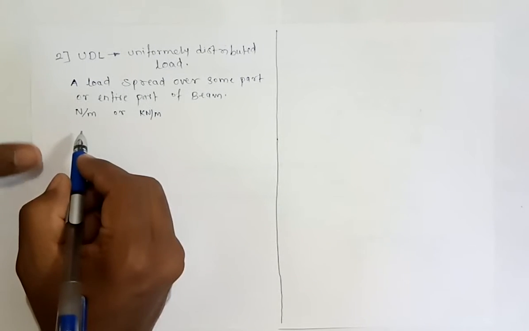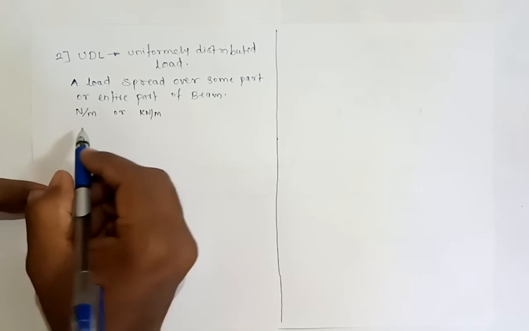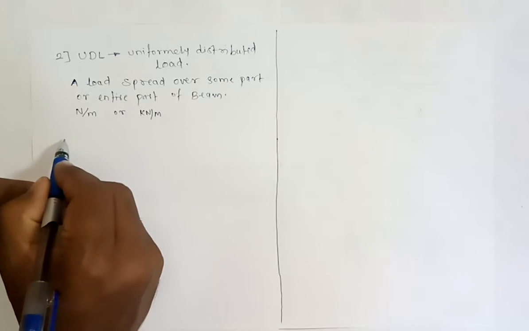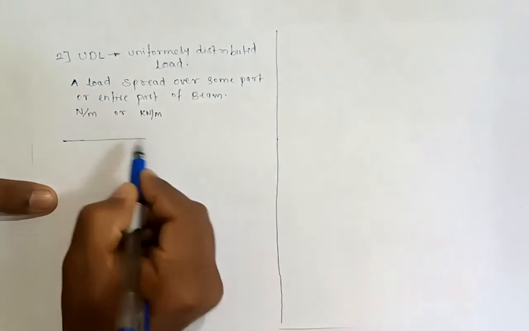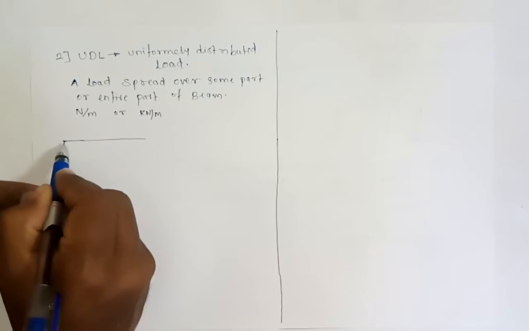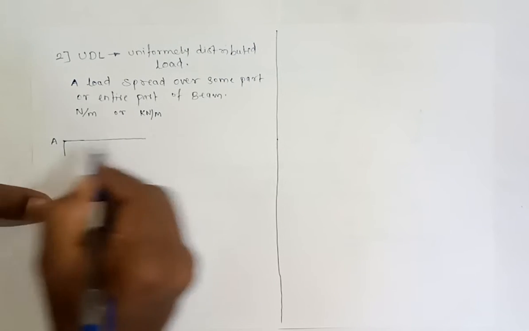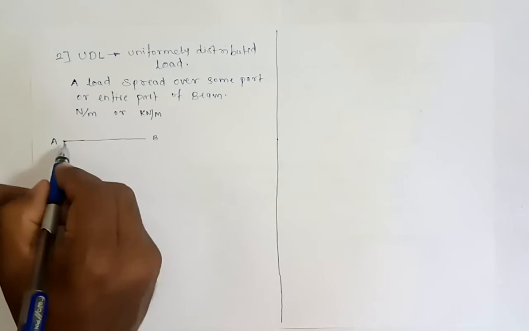Now let us see the symbol or the representation of UDL while showing it in diagrams. Let us consider one beam AB. Let this be point A of the beam, this be point B of the beam.